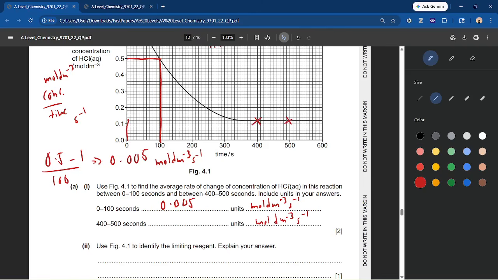Take a look. So if your initial is equal to your final, so let's say this is around 0.12 over here. So 0.12 minus 0.12 divided by 100 is equal to 0 over 100, which is equal to 0. So this will be 0.